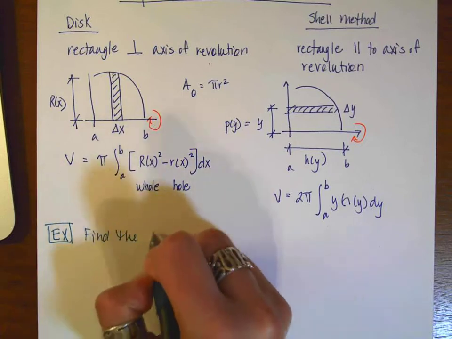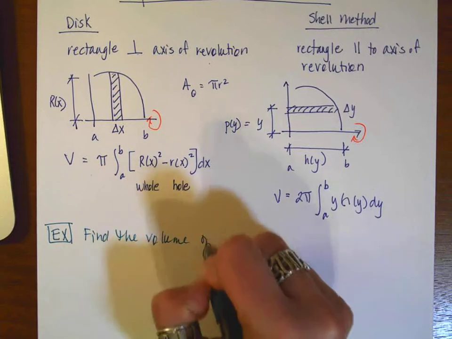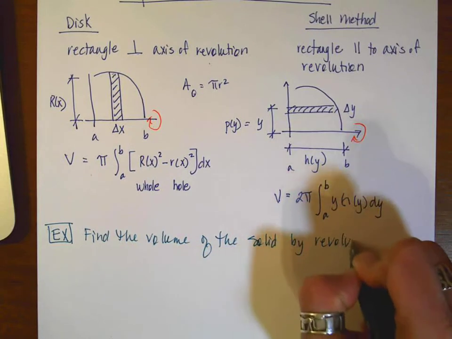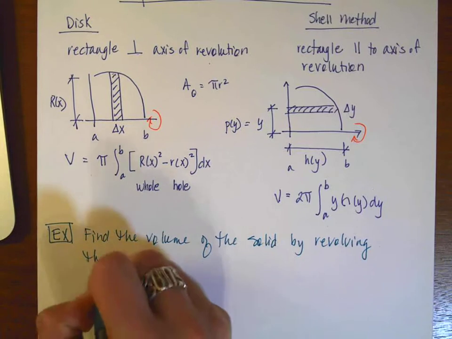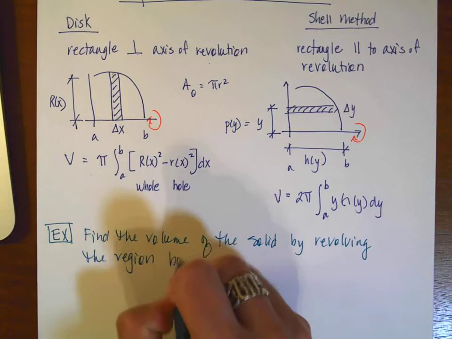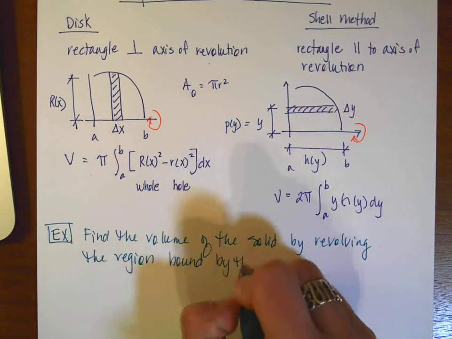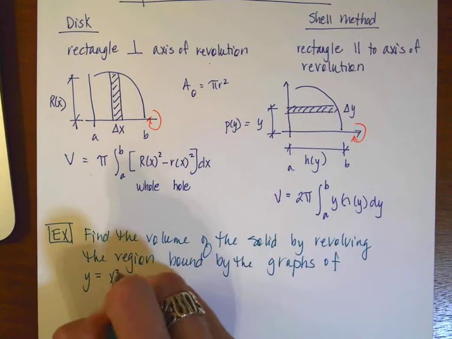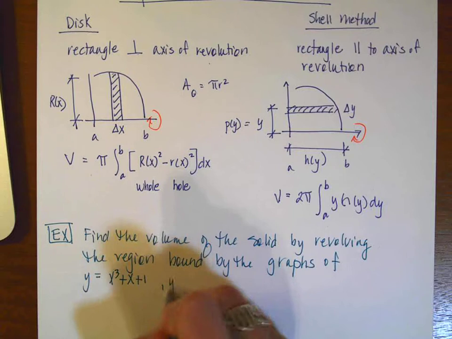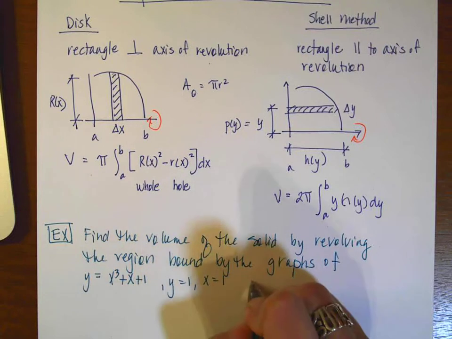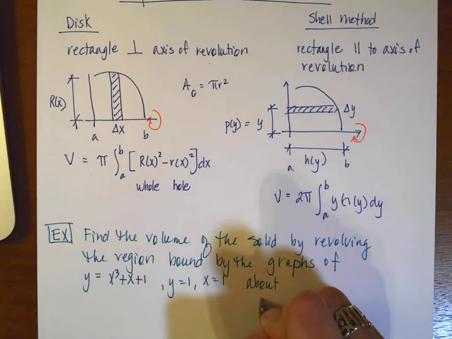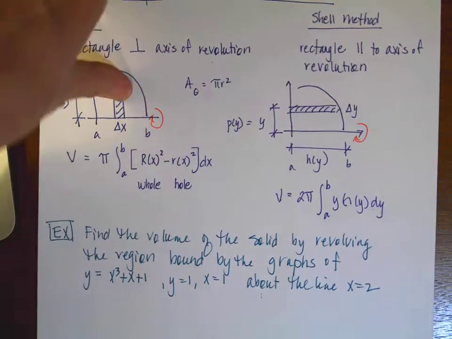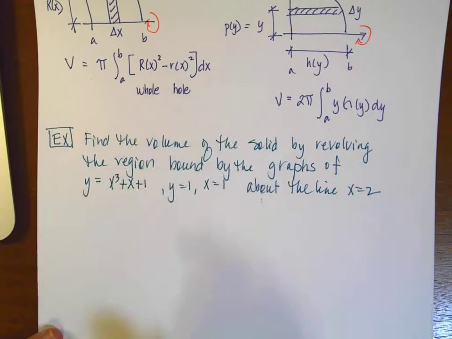So I want to find the volume of the solid by revolving the region bounded by the graph of y is equal to x cubed plus x plus 1, y equals 1, x is equal to 1, and I want it to be about, which means that's going to be my axis of revolution, the line x is equal to 2.